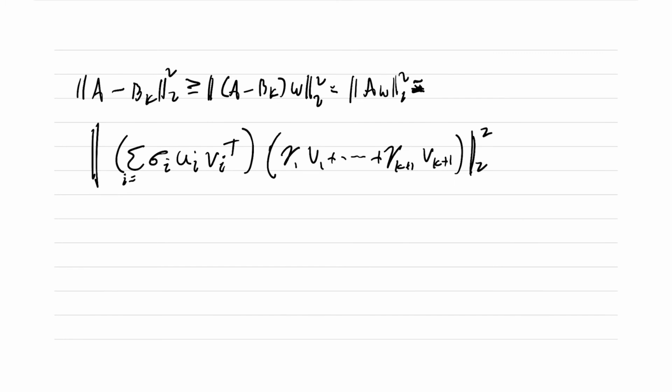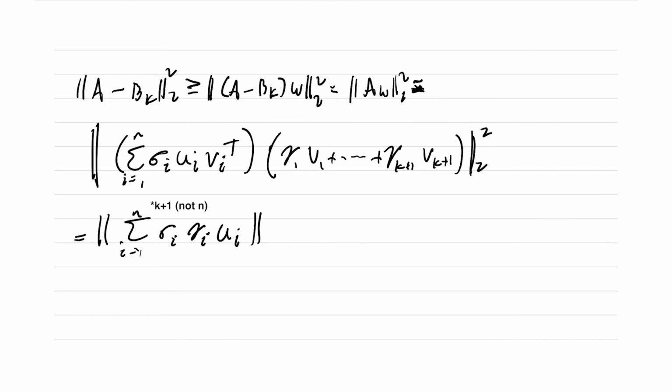So this is just A, so the sum is from 1 to n. You can use the fact that v_i transpose acting on, say, v_1 is going to be 0 unless i is equal to 1, and so on, using the orthonormal property. Ultimately this gives you the sum from i equals 1 to n of sigma_i times gamma_i times u_i.